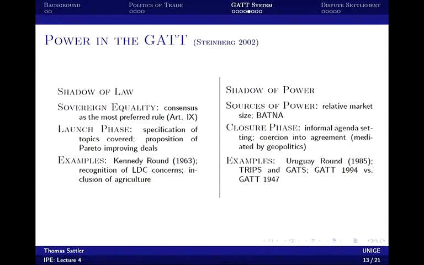And if you want to enter GATT 1994, it's a single undertaking, which means you either take it all or you leave it all, right? You can either accept all these agreements, the TRIPS, the GATTs, and the GATT 1994, or you get nothing. So that's what they did. So the big countries left the GATT 1947 and entered the GATT 1994, which means that all the others did the same, right?